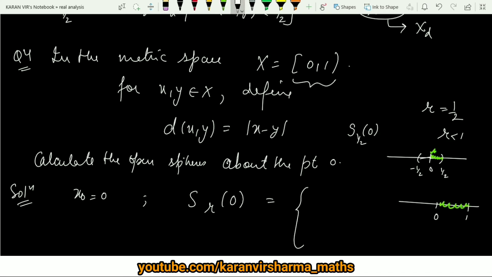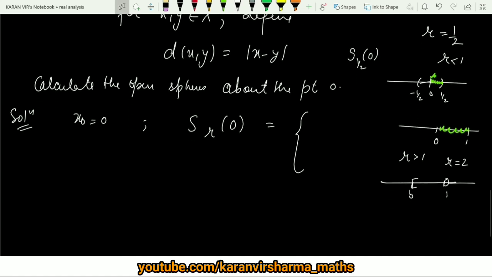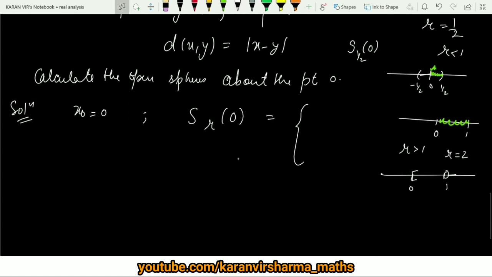But what if my r is greater than 1? Let me take r to be 2. Now if you have to take from 0, my space is up till only 1, closed at 0 and open at 1, correct? But I am asking to calculate the open sphere about the point 0 and radius 2. So what will happen in this case? In this case you have to restrict your open sphere till this point only, even if your radius is greater than 1.